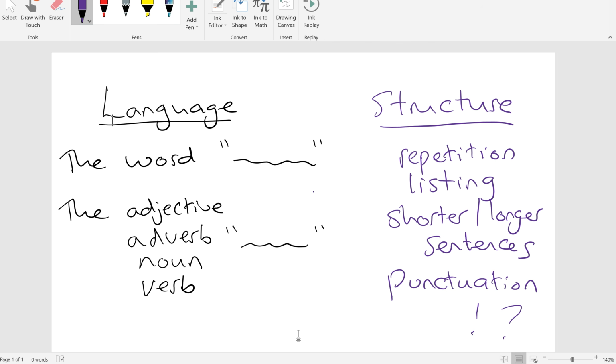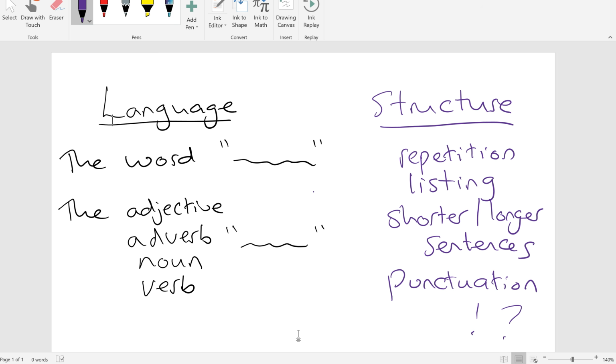If you're very confident with your grammar terminology, you can call it an adjective or an adverb or a noun or a verb or whatever it is, but it's not necessary to do that to get the marks. The most important thing is to explain how it relates to the question, okay? So don't get too worried if you're not very confident about your grammar features, okay?